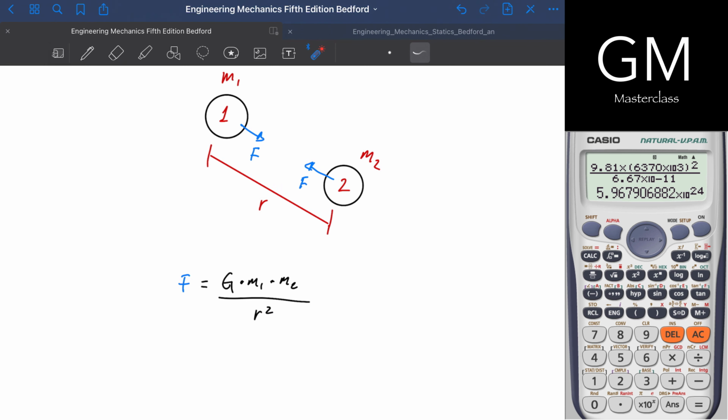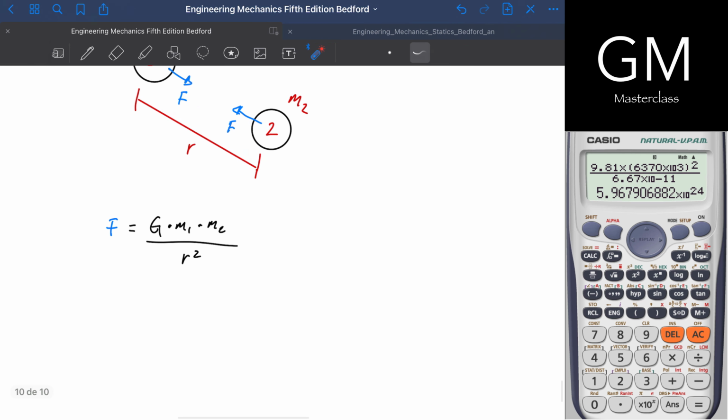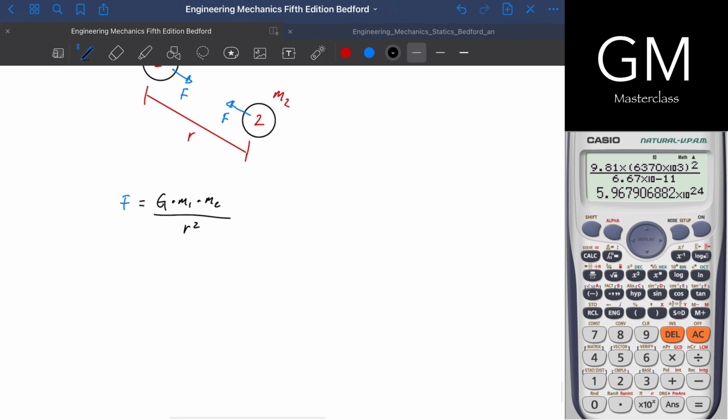Now, when we talk about the Earth, which is a huge sphere, although the Earth is not a homogeneous sphere, we could make an assumption with this concept and imagine that the Earth is spherical.